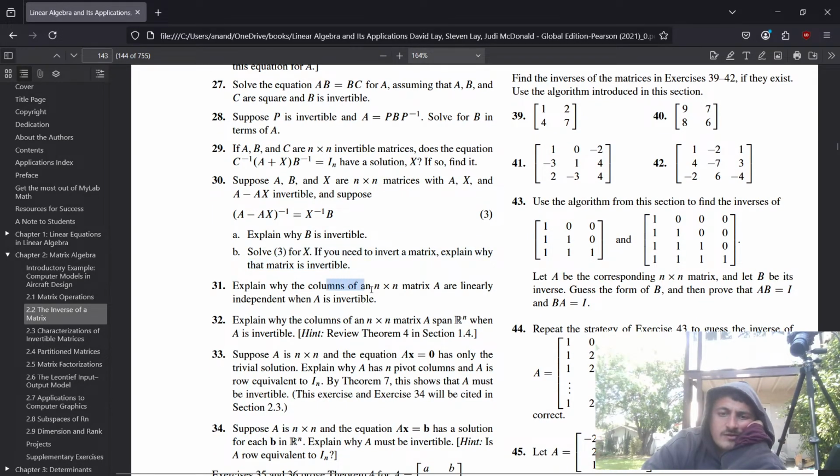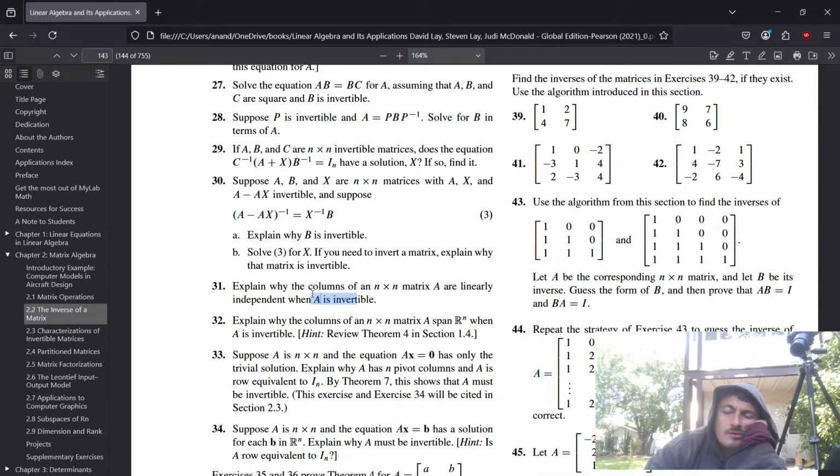Explain why the columns of an n by n matrix A are linearly independent when it's invertible. Dang, all of these problems are so good. I mean, if it's invertible, it's row equivalent to the identity matrix, which is linearly independent for sure.